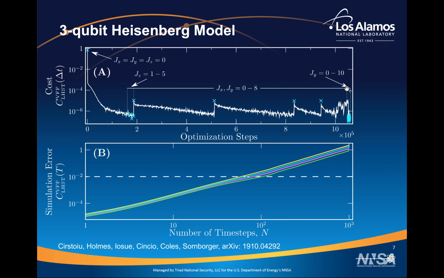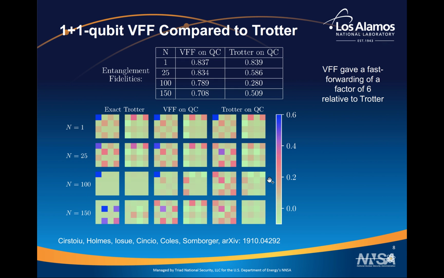So this was an XY model. But then we allowed the Y value to change, and we found that we also could very rapidly find diagonalized models. These are the simulation errors for all of the models here, all of these cyan X's. And you can see that we got a range of fast forwardings between about 70 or 100.